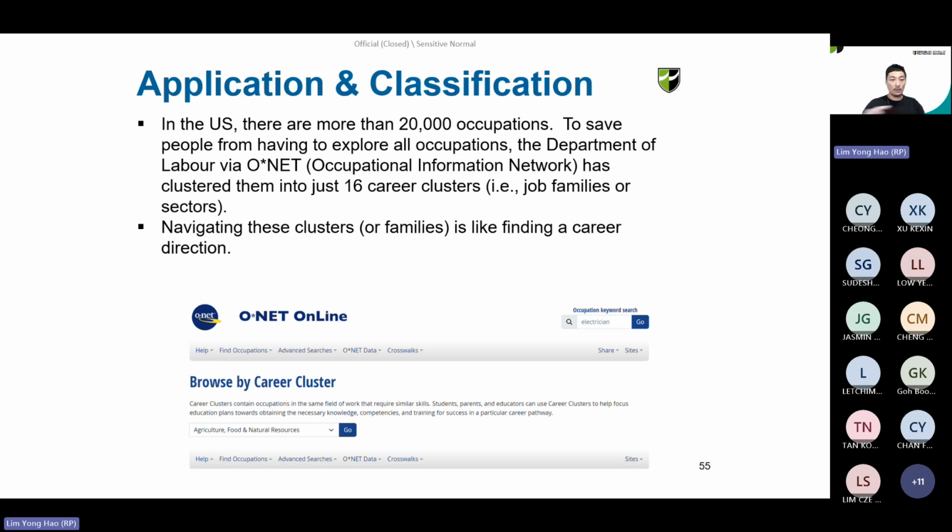So if you go on to O*NET, this will be the landing page. Then you go to the tab at the top called Find Occupation. If you click on this, the first button is what you look for: Bright Outlook. Right, so maybe I do a quick sharing now.